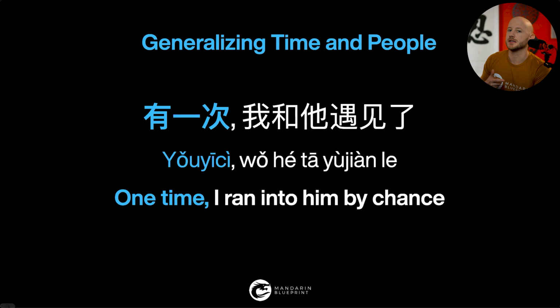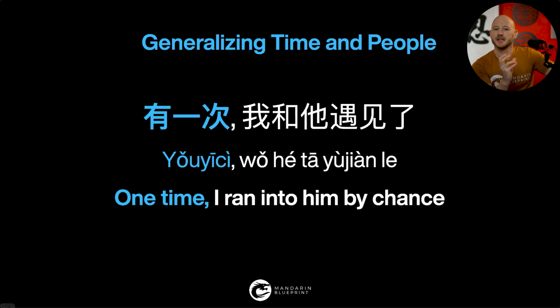So if you say 有一次, there exists a time, with 有 meaning exist again. There exists a time when I ran into him by chance. By the way, that's a great word there. 遇见. 见 means to see, and 遇 means chance. So a chance sighting, meaning to bump into someone, like I ran into my friend from college on the street in New York and it's amazing.